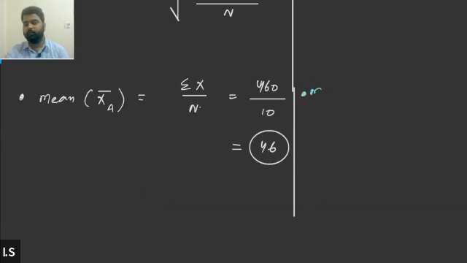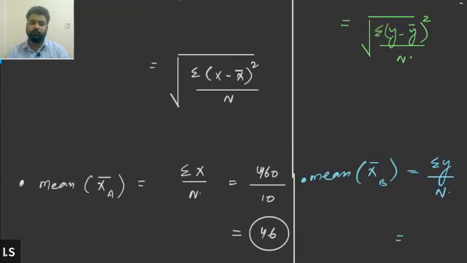So we will be finding out the mean for batsman B, and that will be calculated as sigma of y divided by the total number of items.